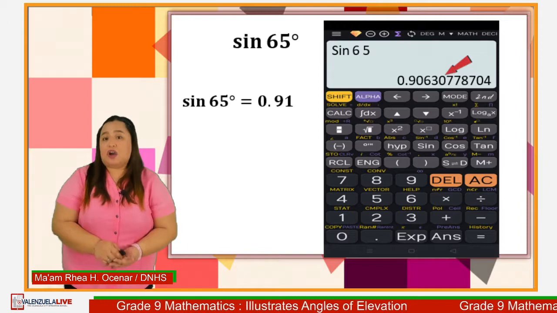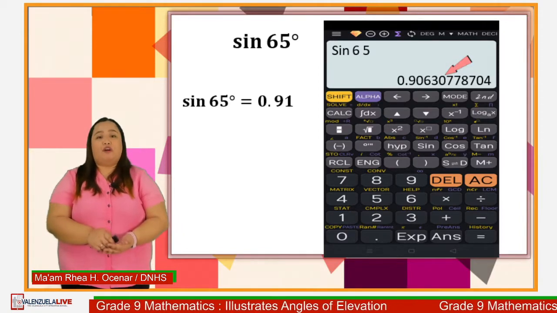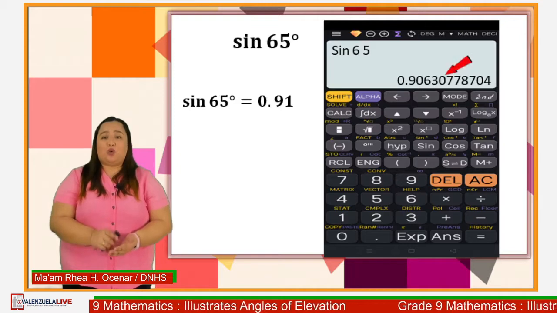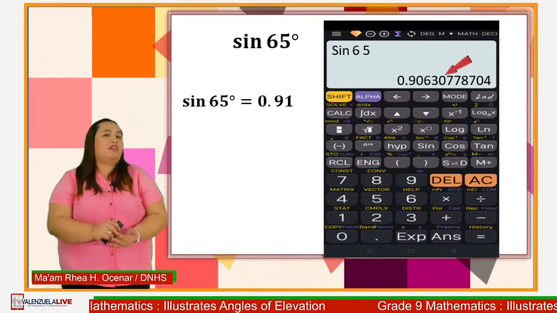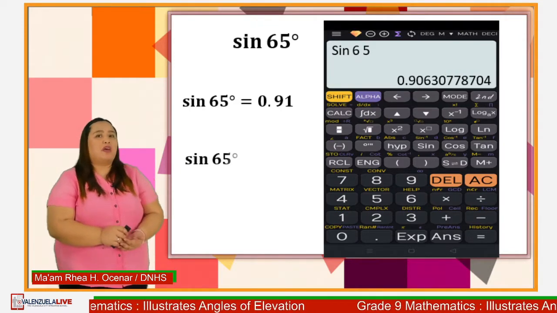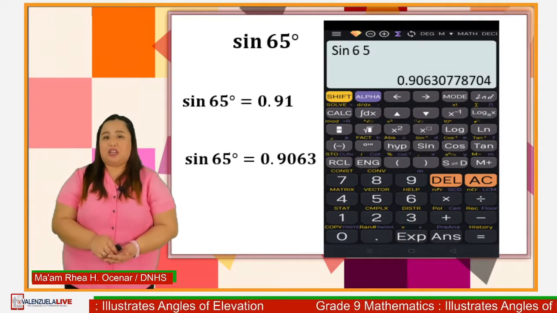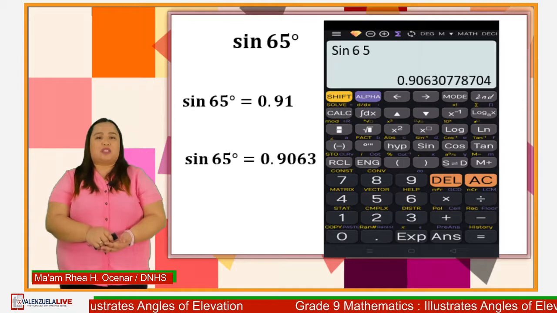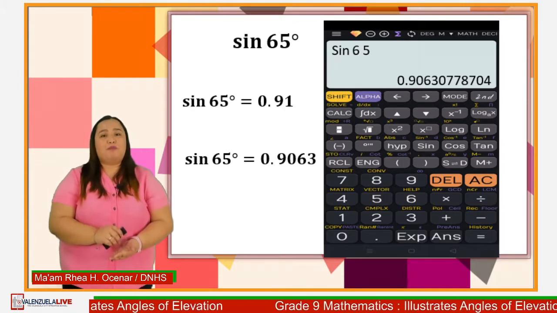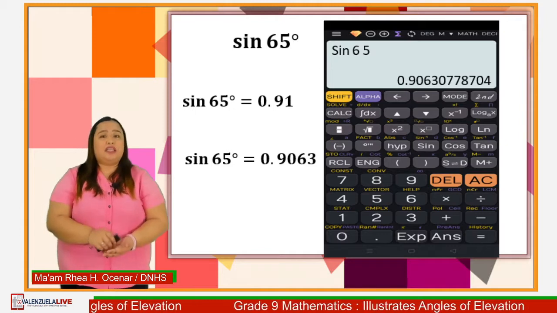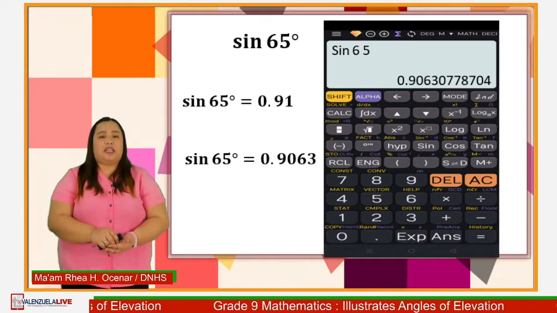Since 0 is less than 5, therefore, we will round down or we will not add 1. We simply copy the number. Therefore, the value of sine 65 degree to the nearest 10,000th is 0.9063 or 9,063 10,000ths.